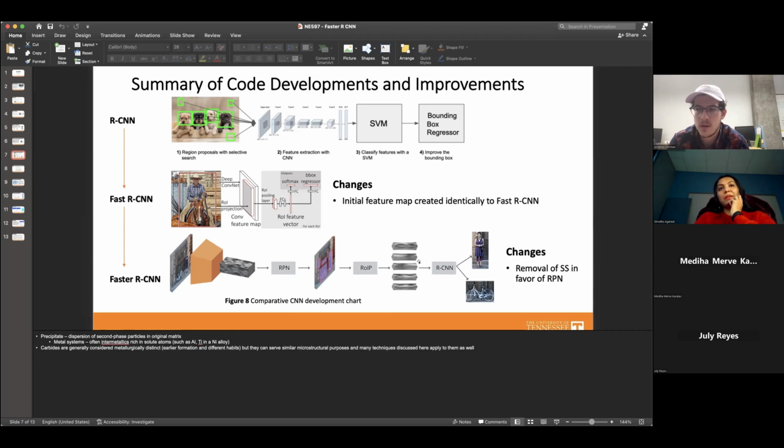Then what is happening in RPN? The RPN is your region proposal network. It's looking at your entire feature image and proposing the bounding boxes, like this is a feature, this is a feature. So it's the region of interest proposal process.